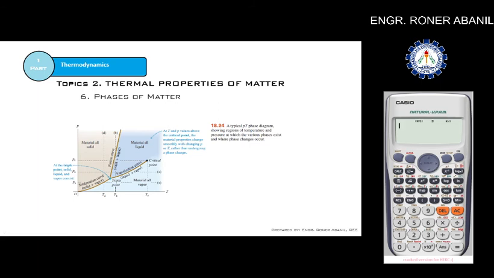Okay? So, all the three curves nagmi-meet sila dito sa triple point, the only condition under which all three phases coexist. Okay? So, the triple point temperature of water is used to define the Kelvin temperature scale.